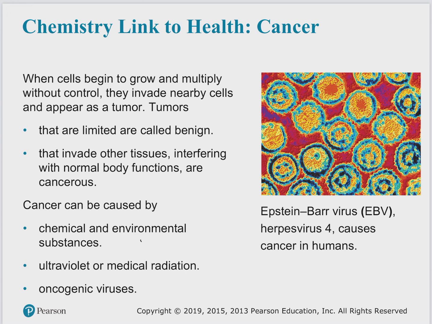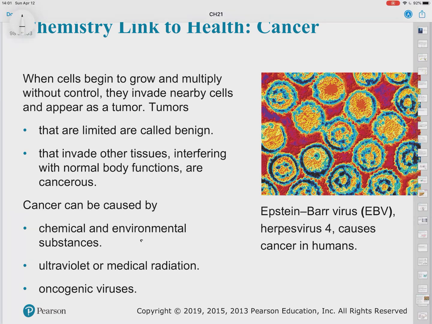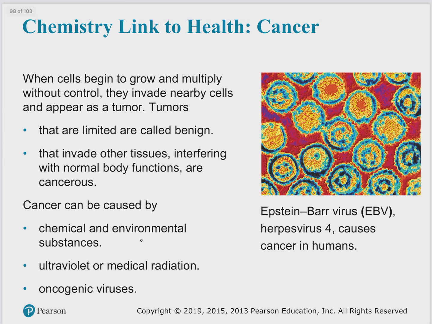Cancers, again, we talked about, can be caused by chemicals or radiation in some kinds, sun radiation or natural radiation from the earth, like radioisotopes, and even viruses. There are some viruses that, whatever they did when they stuck their DNA in us, turned our cells on in a way that they won't shut up, and they're going to keep replicating, and then they cause cancer, like the Epstein-Barr virus.